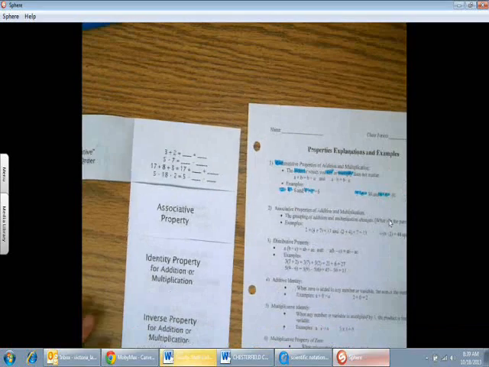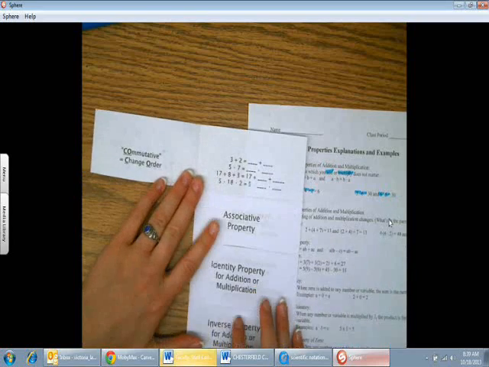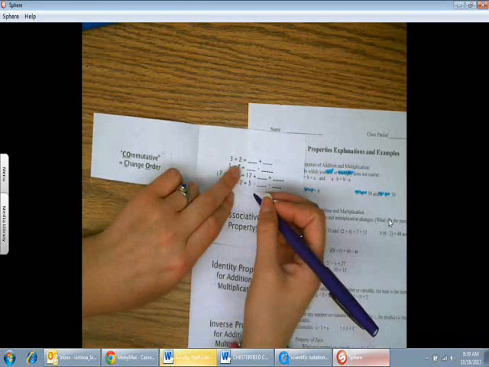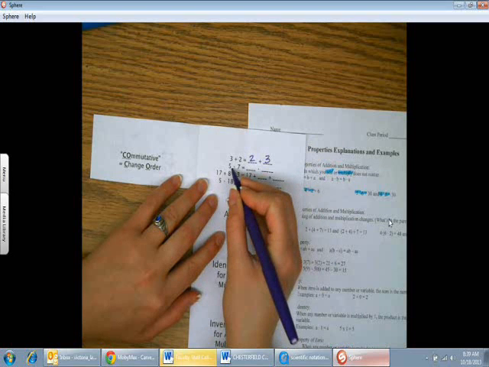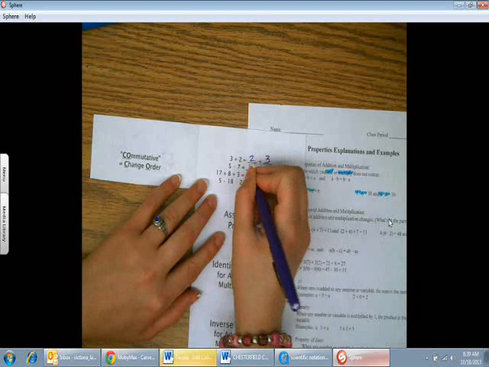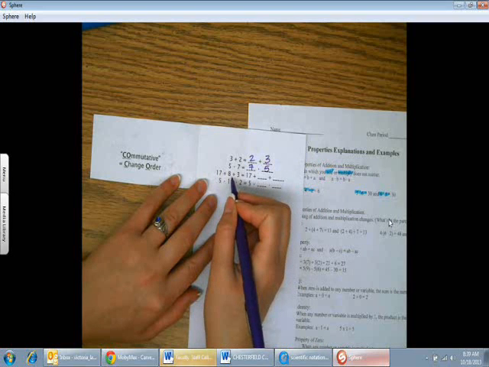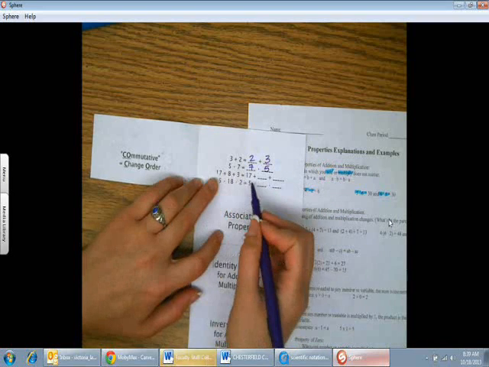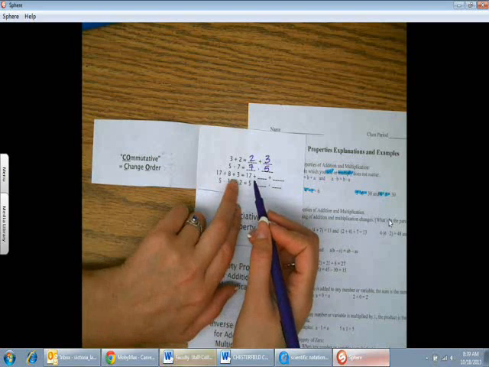Let me zoom back out for you. Alright? So, if this is 3 plus 2, then it has to be 2 plus 3. If this is 5 times 7, it would have to be 7 times 5. 17 plus 8 plus 3, well, since the 17 stays the same and you have to change the order, then we're just going to change the 8 and the 3.